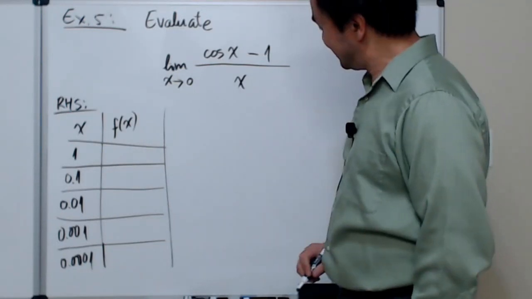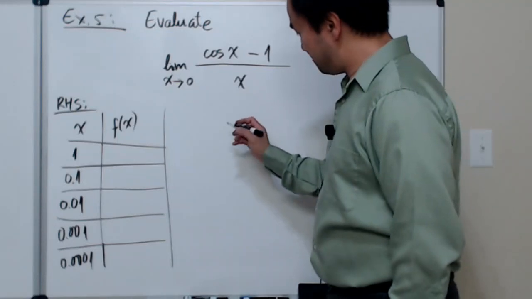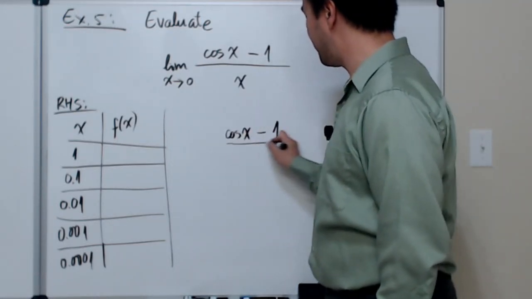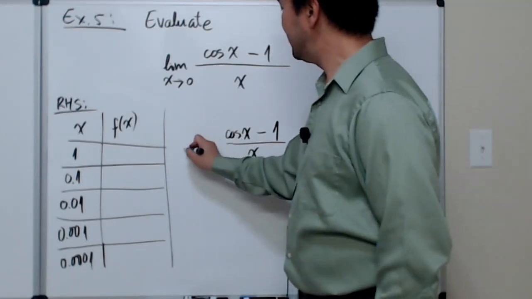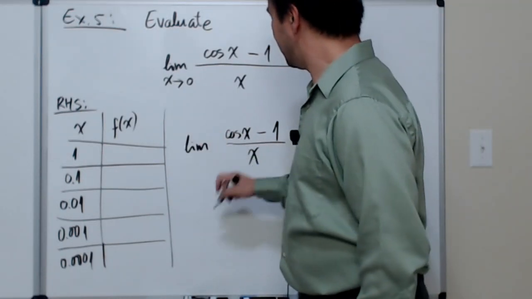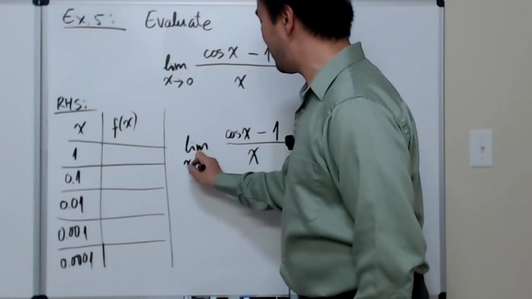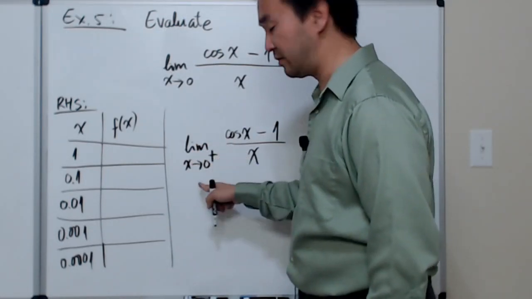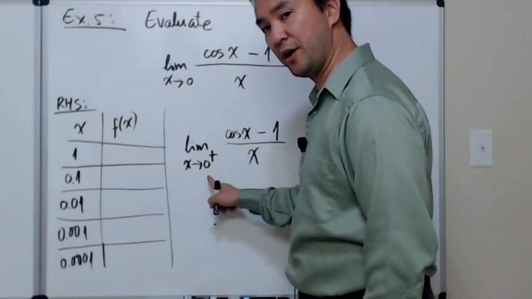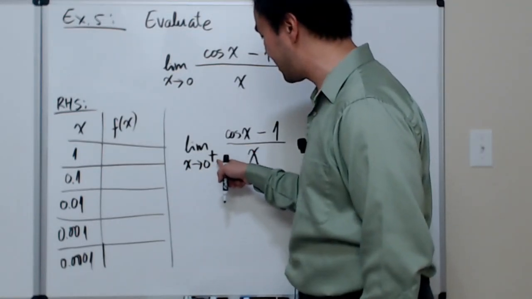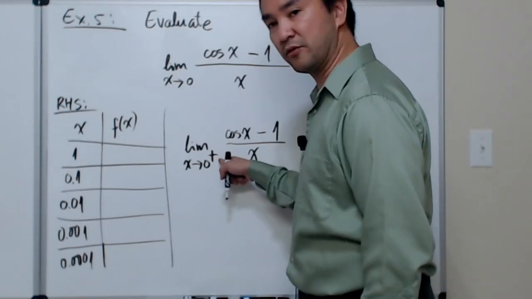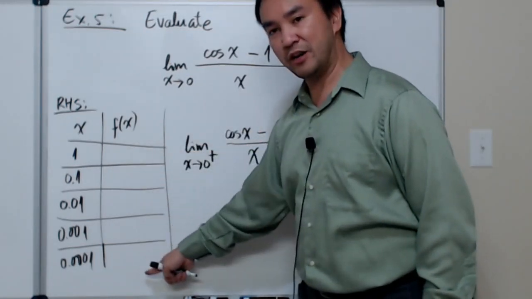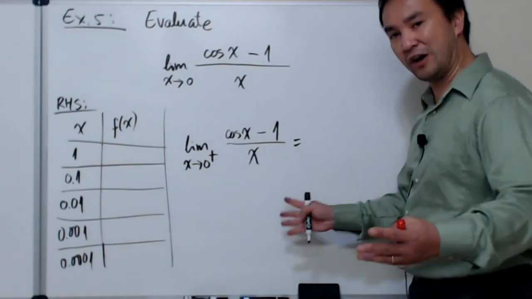on the board. All right, so this function, cosine of x minus 1 over x, if we are taking the limits of this function by allowing x to get close to 0, but from the right-hand side this time, so the limit point here for this function is 0, but getting close to 0 on the x-axis from the right-hand side, then hopefully you already had your calculation values here, because I'll never show those.